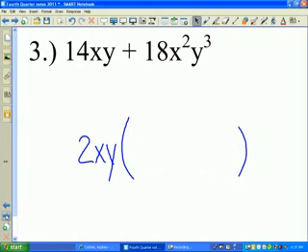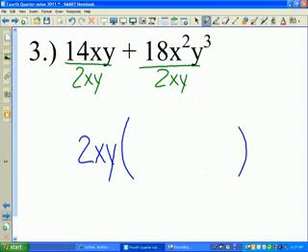So now we're going to fill in the parentheses. I'm going to divide my original by my GCF. So 14 divided by 2 is 7. X divided by x is 1. Y divided by y is 1. Okay?